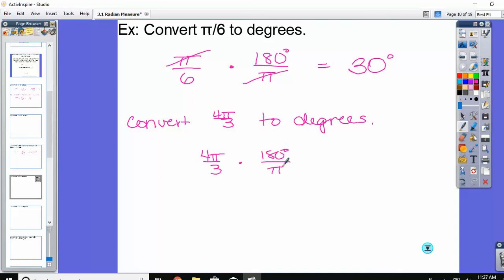Degrees over pi. So pi's cancel, and you get 140 degrees. Okay, so far so good on this?